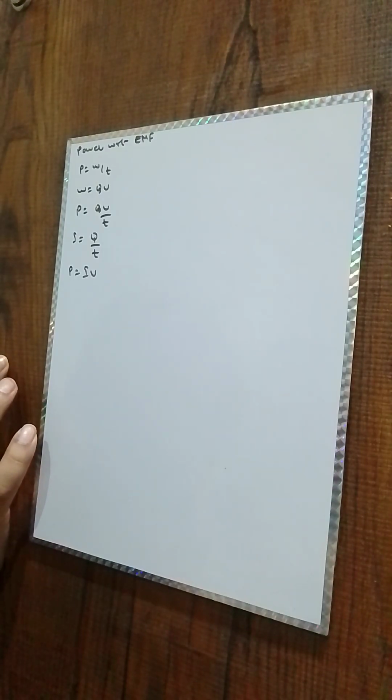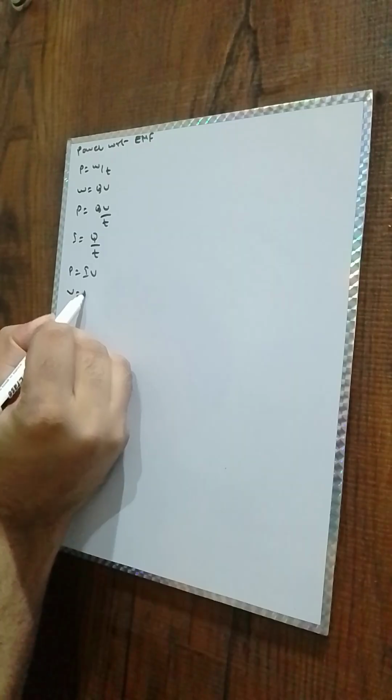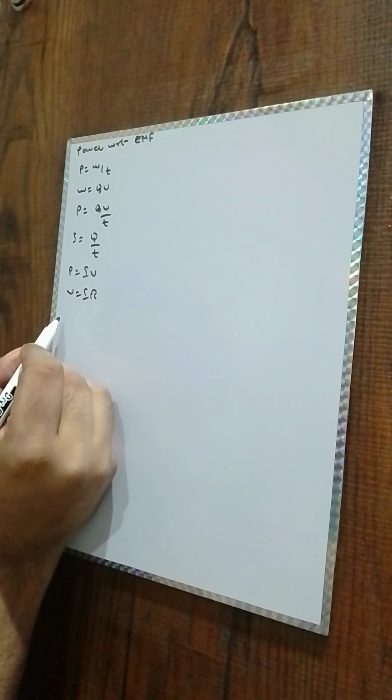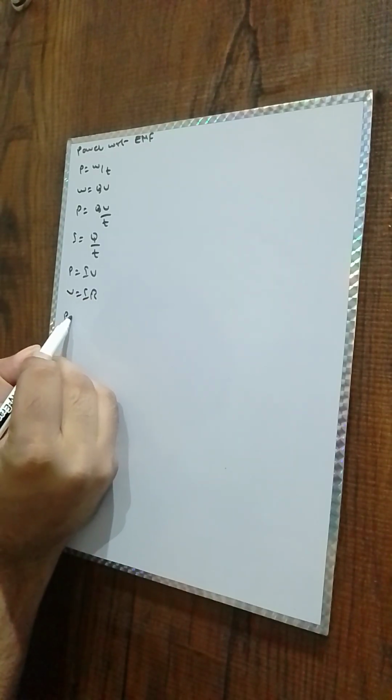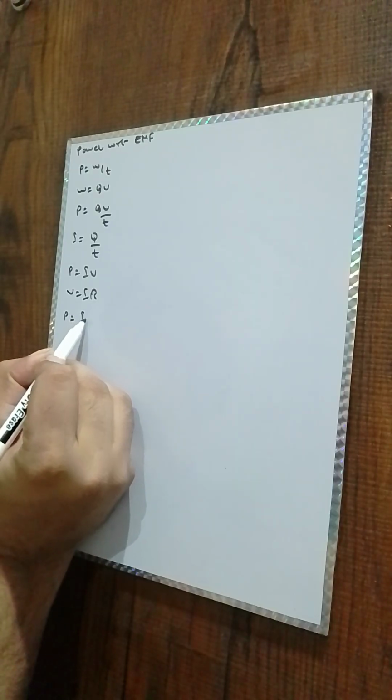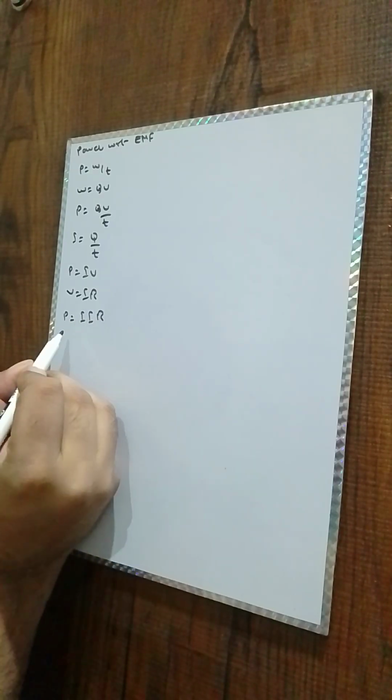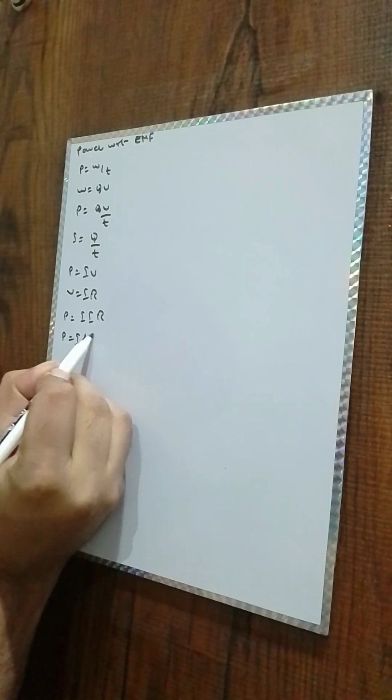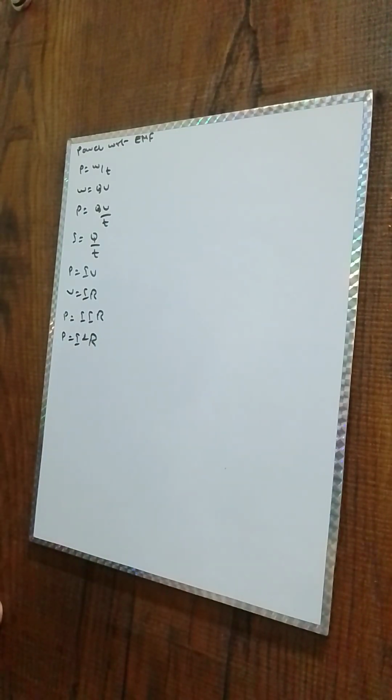So this is the form we have, and V is equal to IR, as we know. So P becomes I into IR, or P is equal to I square R.